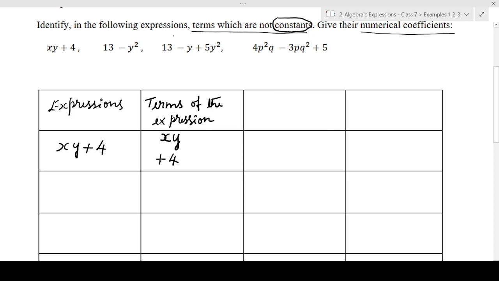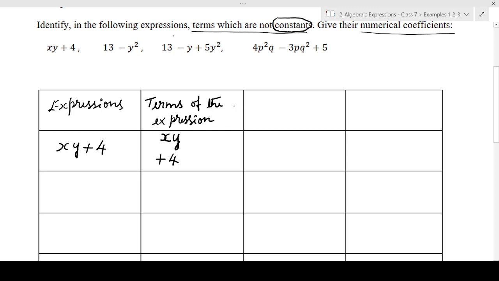Whereas when it comes to plus 4, it is a term which is constant because 4 is equal to 4. 4 cannot have any other value than 4. Any number for that matter has a fixed value, and as such, numbers are constants. Whereas the algebraic terms in the expression are not constants.